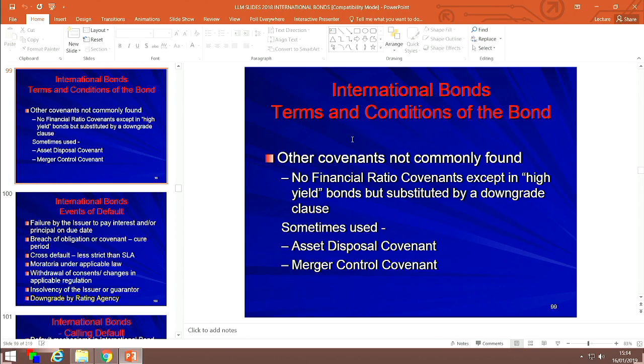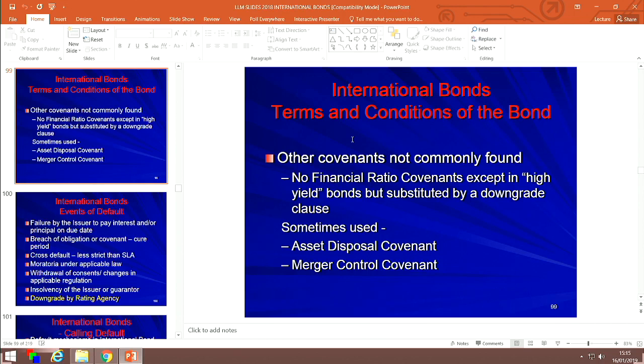Anything lower, and the bond investors will not buy. Therefore, it's the expertise of the investment banks to come up with exactly the right level of covenant protection, which will enable bond investors to buy without shunning the bond because it doesn't have the right level of protection for investors. So those are the covenants, terms and conditions of the bond.